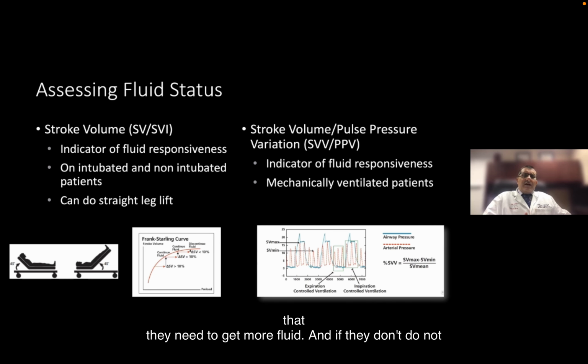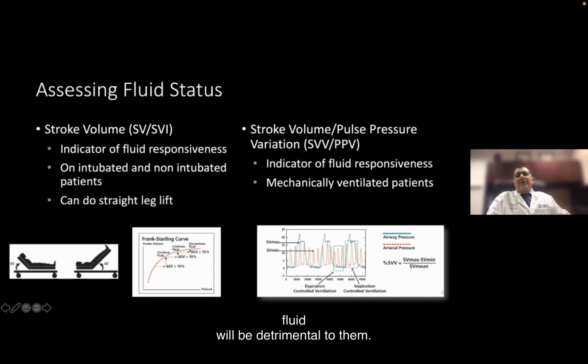And if they do not, then do not give them any fluid. They're beyond the curve, at the top of the curve, and more fluid will be detrimental to them. Same thing on the other side with stroke volume variation, just like I talked about before: the variation is extremely important in these mechanically ventilated patients.